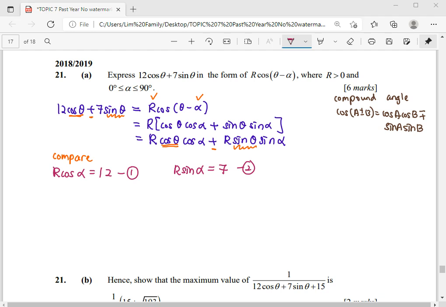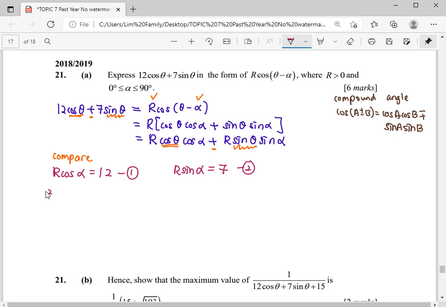Okay, so how are we going to solve this simultaneous equation? For finding alpha, it will be simple. Because this is sine and this is cos, we use the concept of tangent. How can we build up tangent? It will be sine over cos. When I divide sine over cos, my R will be cancelled.